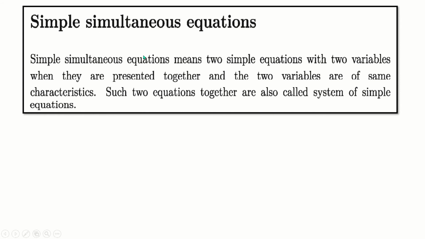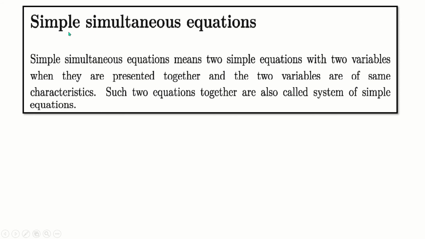Here we discussed solution or root and simple simultaneous equations. That means solution is the same but there is more than one equation. Those equations are the simple simultaneous equations.